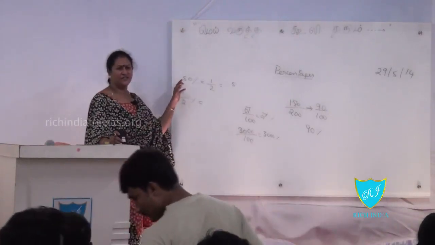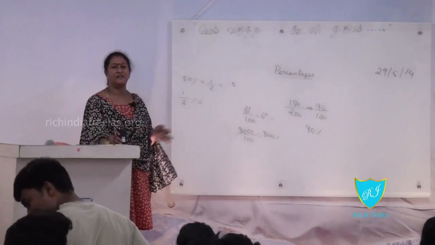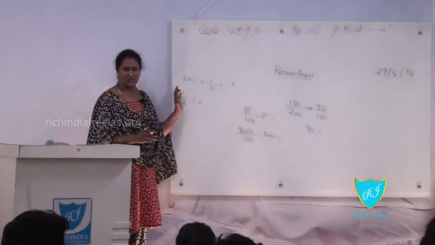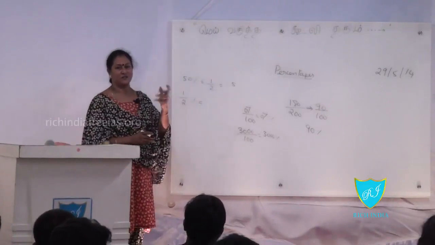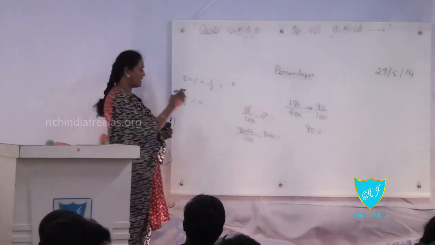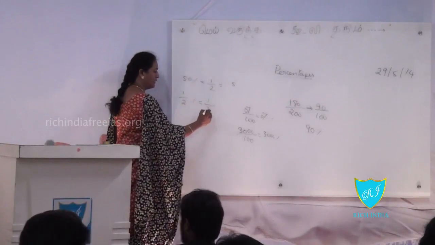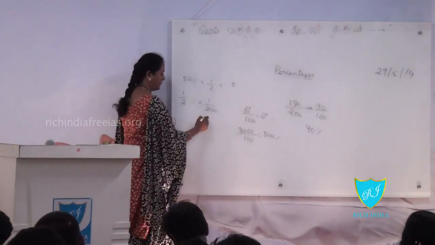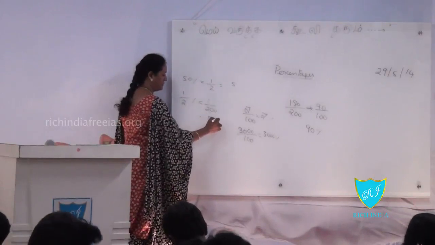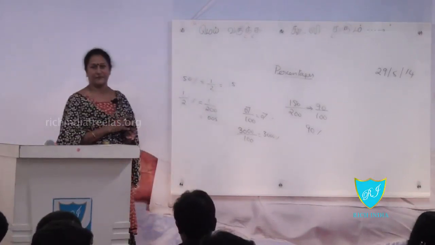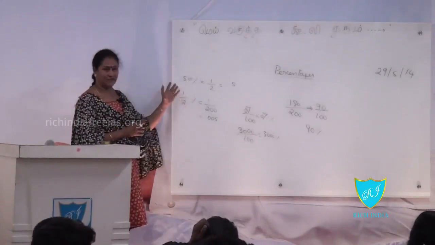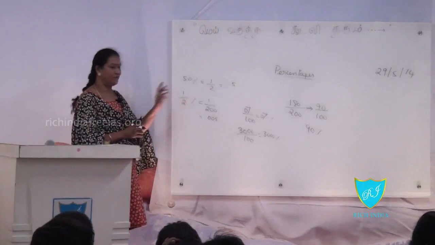Not 50%, it is half. So half percent, this question was asked, and in the options you had 50. Many say that it is 50, but it is 1 by 200. Or you know it is 0.5, dividing by 100 it is 0.005. So whatever fraction is there, when a percentage is given and you want the value, divide by 100.